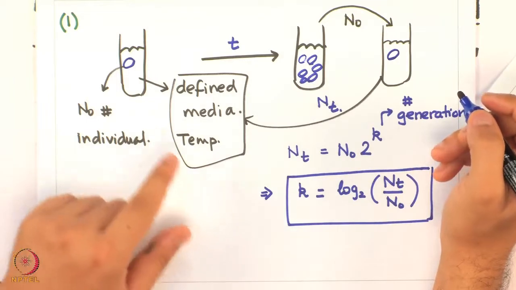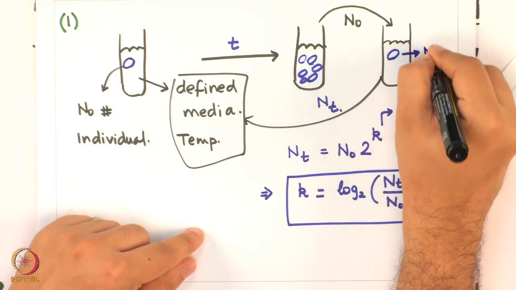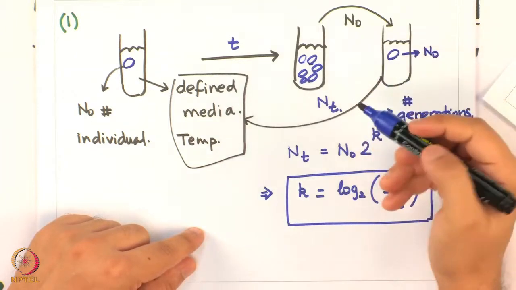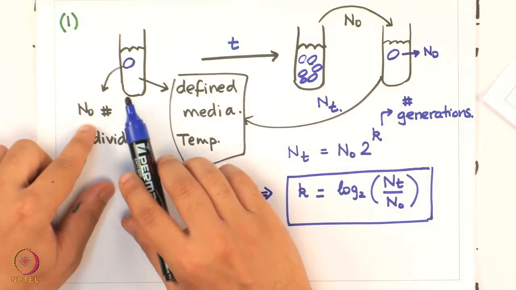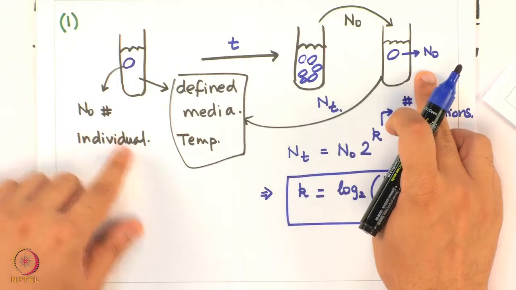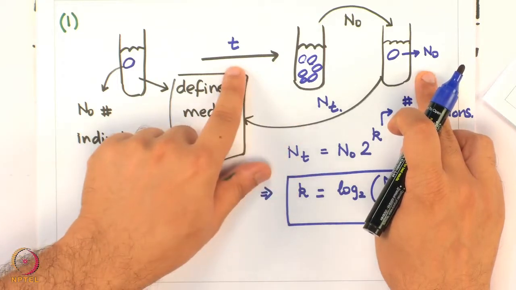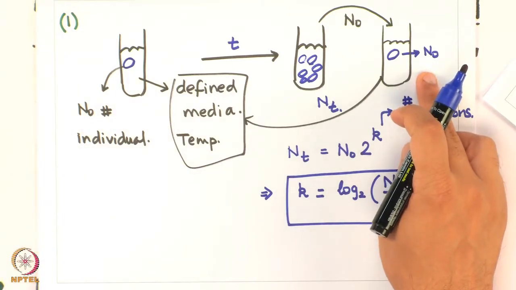So, this is n naught number of individuals who are randomly selected from this nt. In reality, it is as if you are repeating this whole process again, where you are going from n naught to nt numbers in time t in the same environment, and you let this happen over and over again.